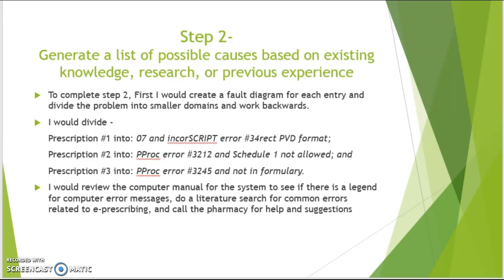I would do a literature search for common errors related to e-prescribing, and so I did that, and I read the textbook. The textbook said you need to make sure it was entered correctly, make sure there were no errors in the demographics, and make sure that the insurance information was entered correctly. So I did all that.